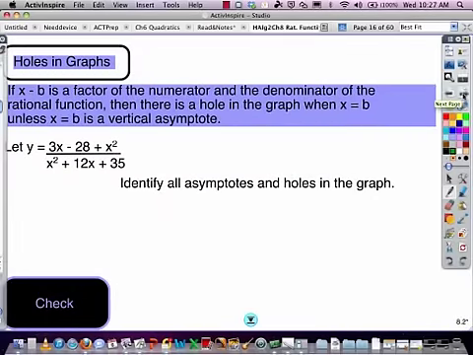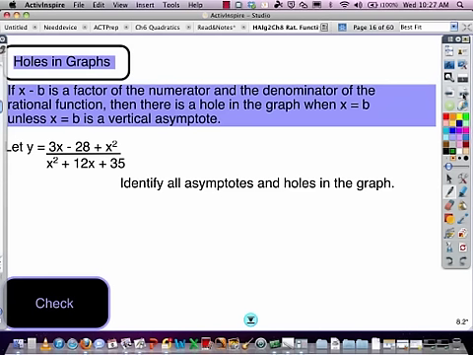Last but not least, there's something called holes in your graphs. Now, if x minus b is a factor of the numerator and the denominator, we've had all different definitions as we go along here, but if it's a factor of both, then there's going to be a hole in the graph where that x equals b, or that 0, occurs, unless x equals b is a vertical asymptote.